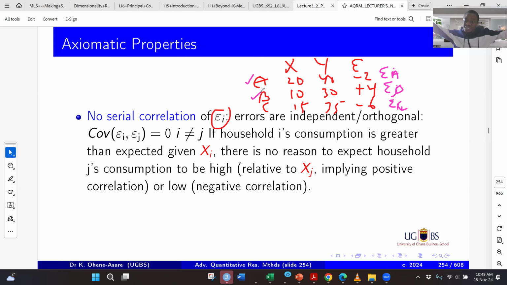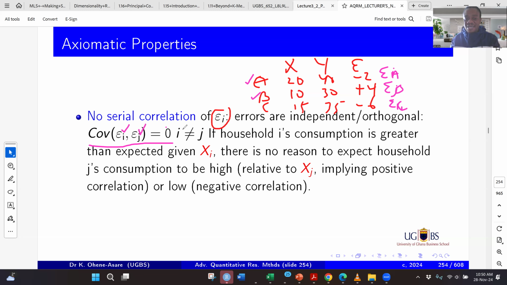So not even another horizontal, the opposite way, no. The errors must not be related to each other, must not be dependent on each other, must be orthogonal to each other. This is sometimes called covariance. So the covariance between error I and error J should be 0. The covariance should be 0.